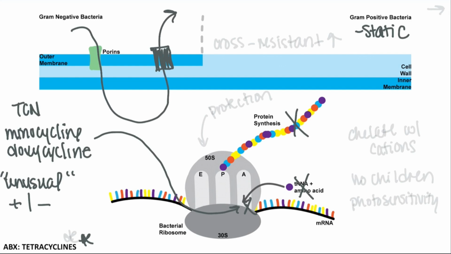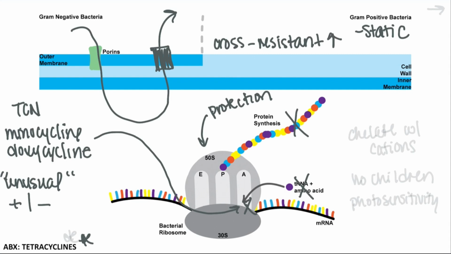There can also be the expression of genes leading to ribosomal protection. And this is not the case with all antibiotic classes, but if a pathogen is resistant to one tetracycline, then it is usually resistant to them all.